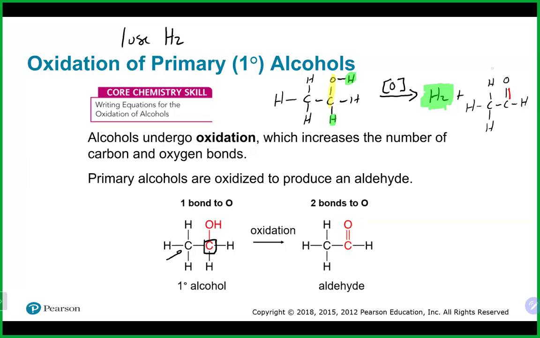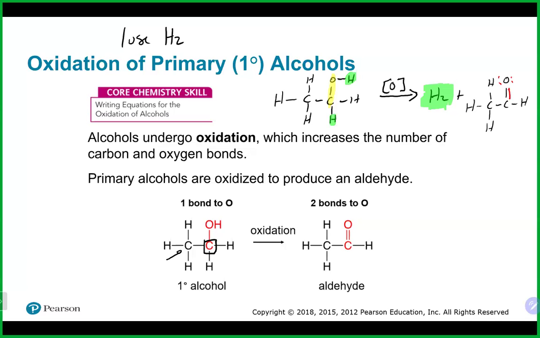Sometimes people don't draw it all that much here, but the non-bonding electrons are still on the oxygen up there like normal, and we put a double bond in here. So in an oxidation of a primary alcohol, you remove two hydrogens, one from the O and one from the carbon that's attached to the O, and you double bond between the carbon and the oxygen, and you are good. You're done at that point.